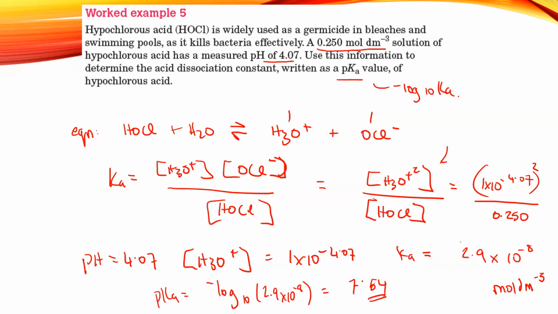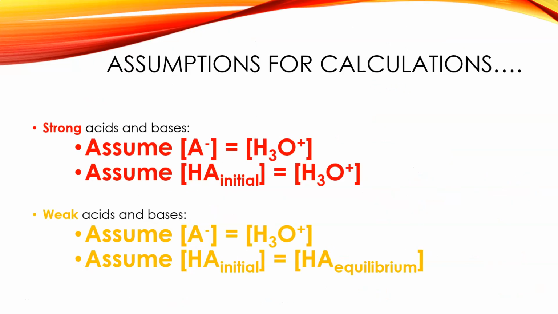So these are fairly long calculations where we need to combine the information of our knowledge on equilibrium with our different equations for Ka, pKa, and pH, and bring all that information together. So the key assumptions that we make for these calculations are that with strong acids and strong bases, the concentration of the ion formed is going to equal the concentration of H3O+, and that we assume the initial concentration of the acid is going to equal the initial concentration of H3O+.